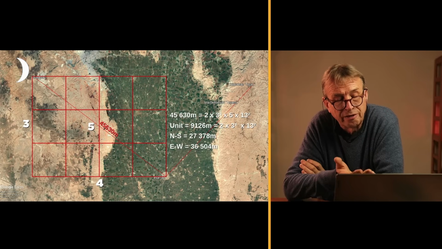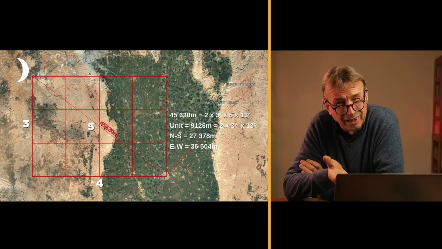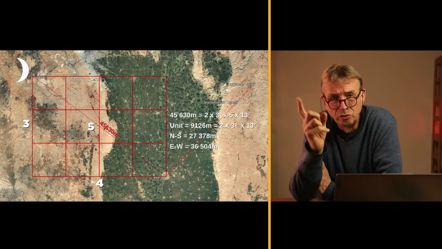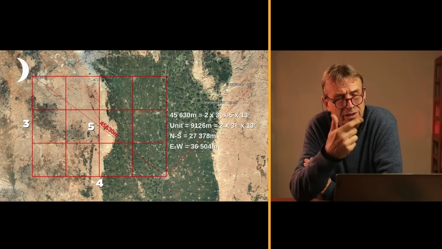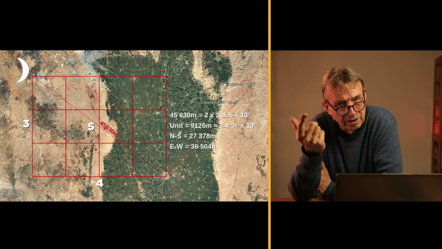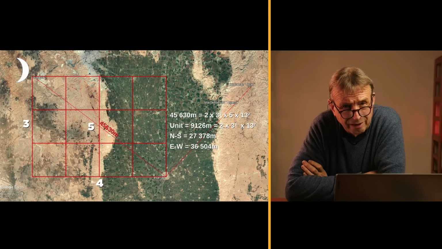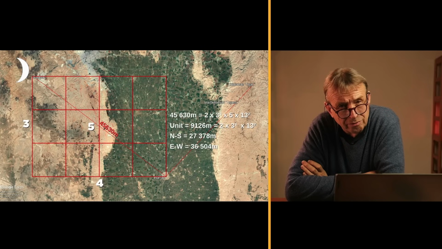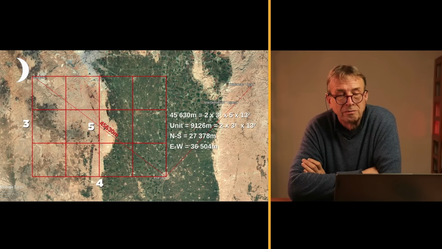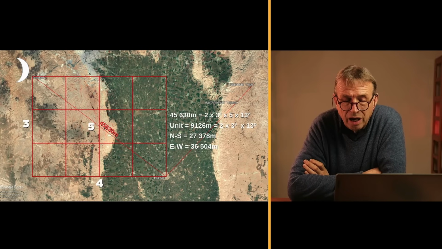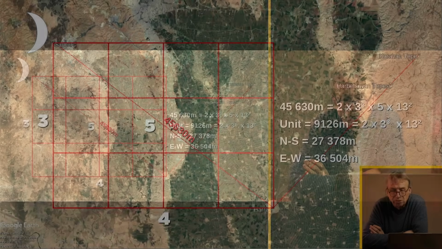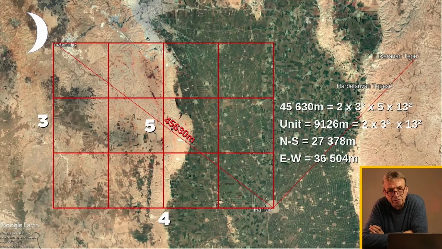So we have 27.3 kilometers here. And the moon turns on its axis in 27.3 days, and the moon turns around the Earth in 27.3 days. Okay? But the east-west side is 36.5, 365, which is the number of days in a year.